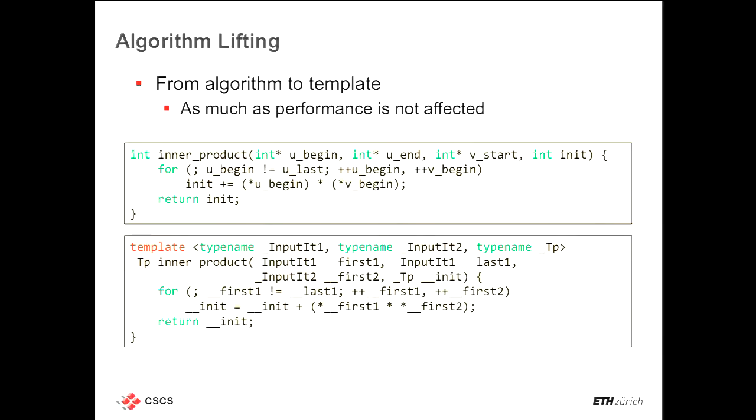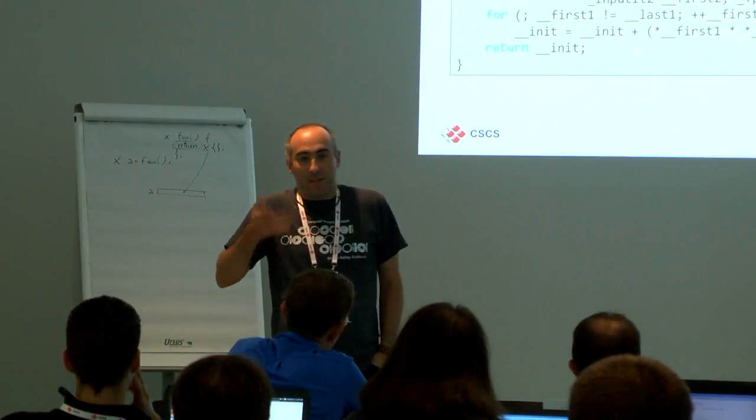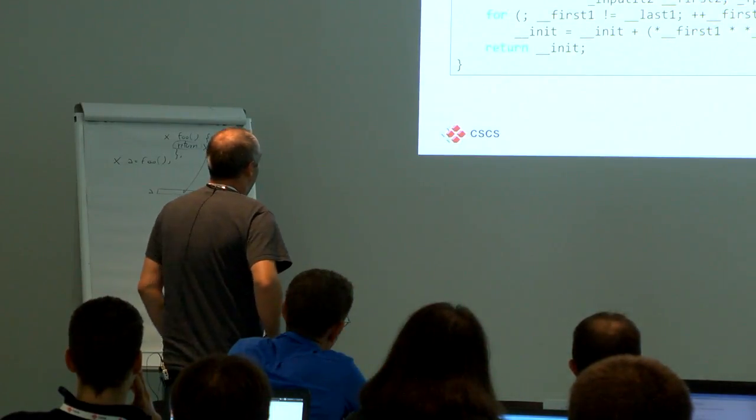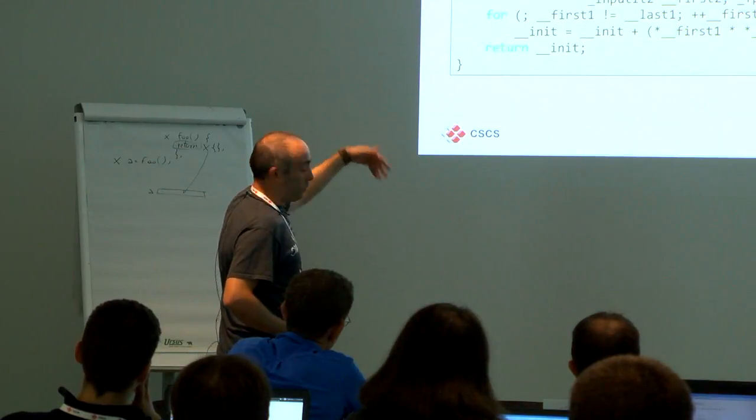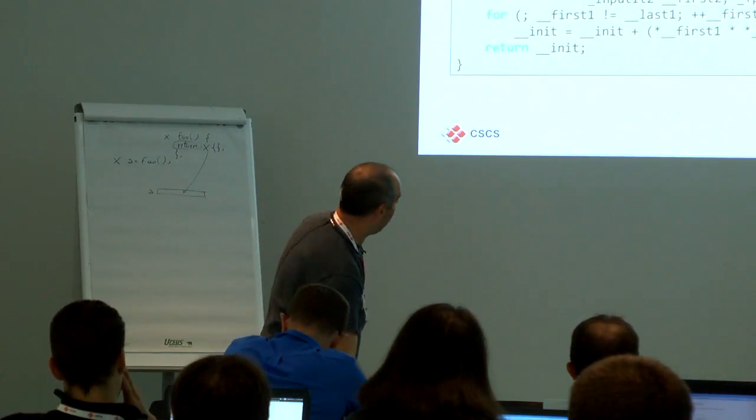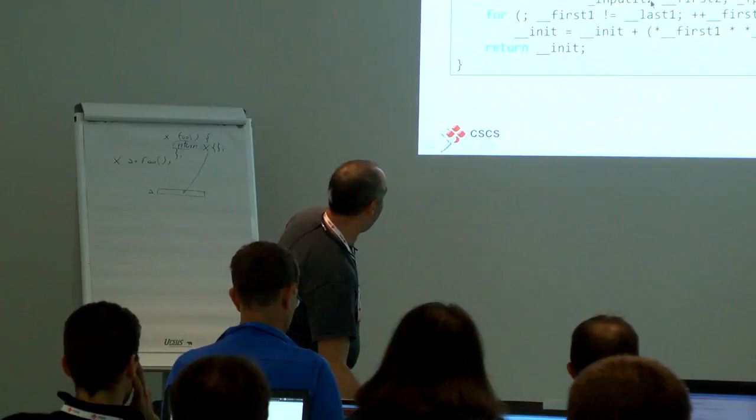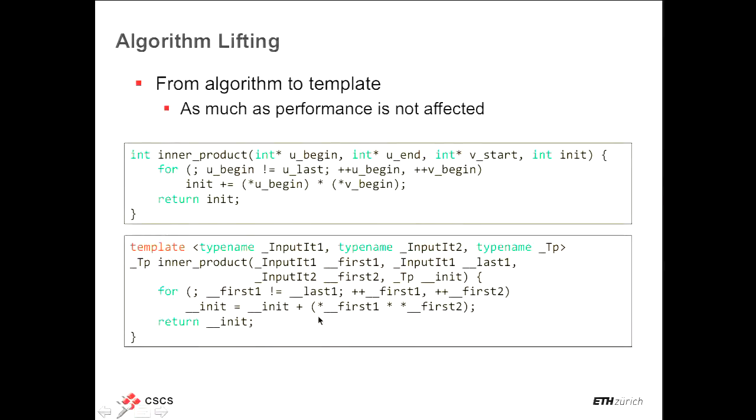It takes an input something, an input to something else, some type, and some initial value or some other kind. And then the inner product will be basically exactly the same code as before. We use the star operator to dereference anyway.